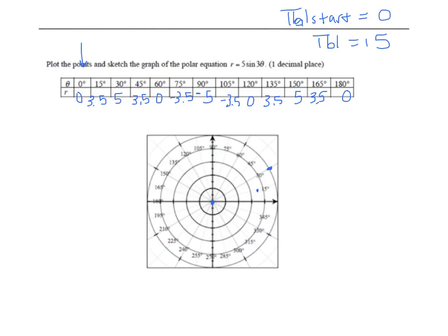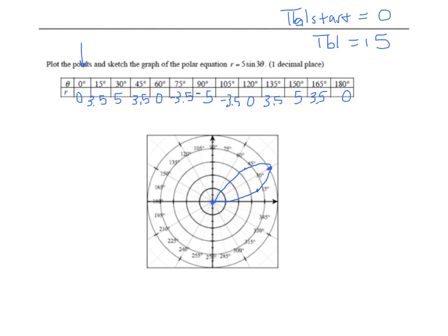And at 45, I'm going to do 3.5. If you'll notice, that's my first petal, because at 60, I'm back at 0. At 75, I'm at negative 3.5.